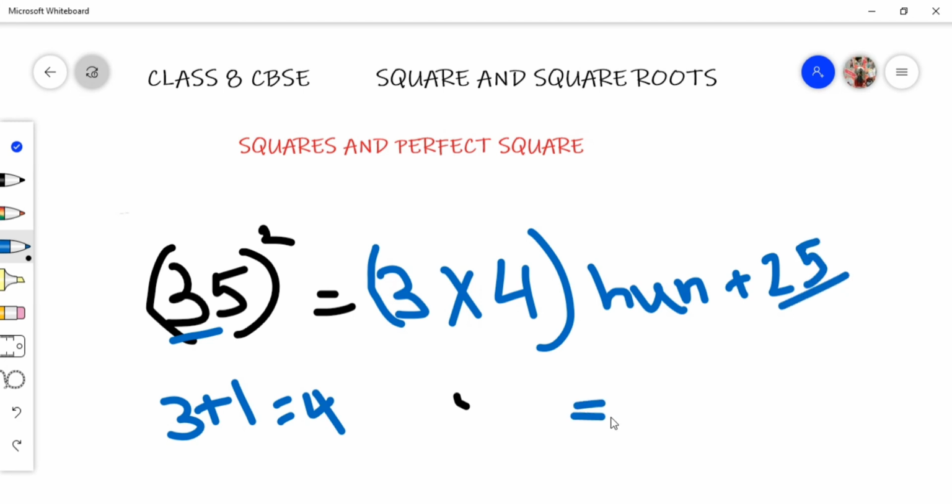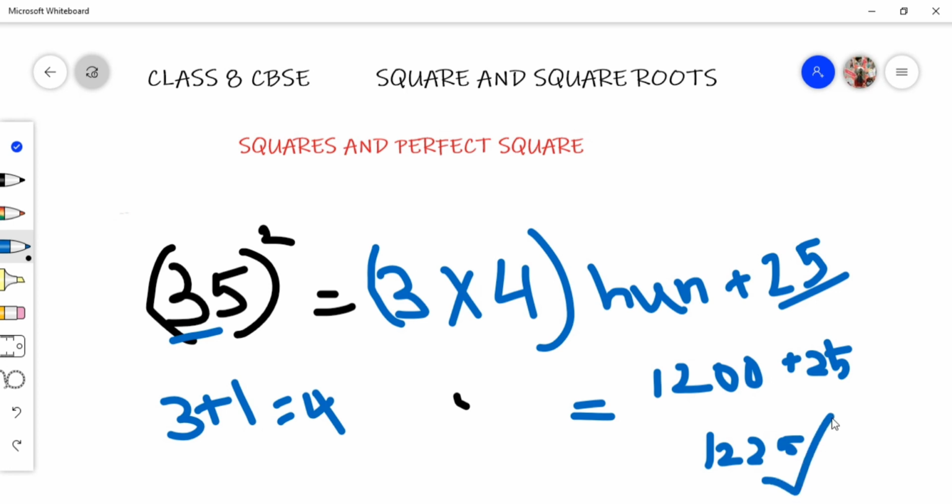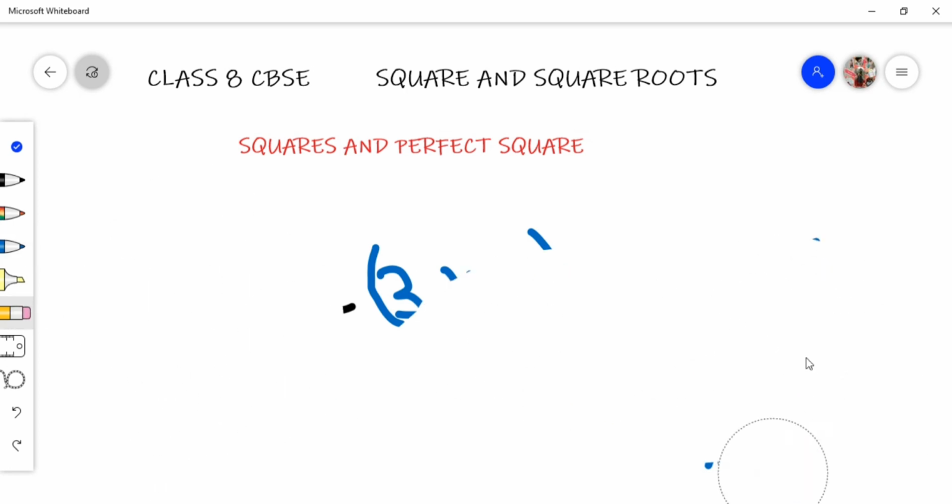That is equal to 3 into 4. 3 into 4 is equal to 12, so 1200, and 1200 plus 25 is equal to 1225. Okay, so this is an easy one. So this is property number 6. So let us do property number 7.